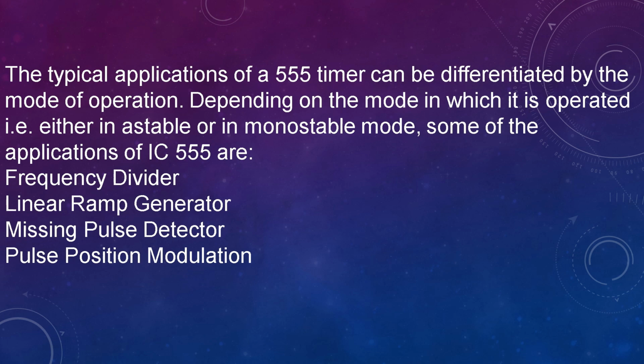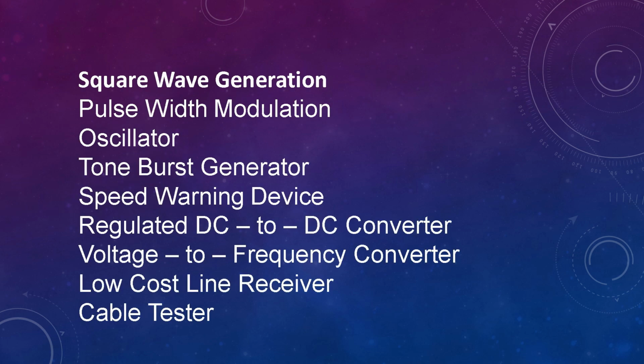Depending on the mode in which it is operated, i.e. either in astable or in monostable mode, some of the applications of IC 555 are: frequency divider, linear ramp generator, missing pulse detector, pulse position modulation, square wave generation, pulse width modulation, oscillator, tone burst generator, speed warning device, regulated DC to DC converter, voltage to frequency converter, low-cost line receiver, cable tester.